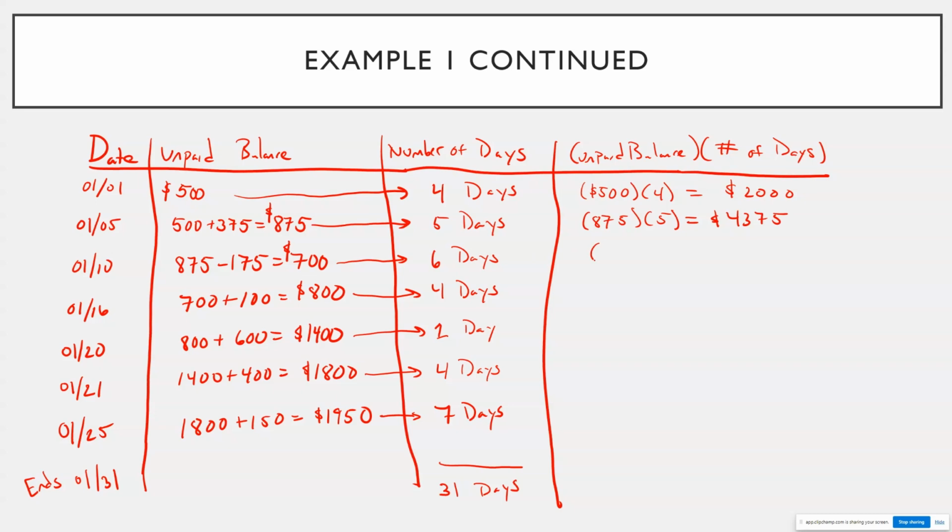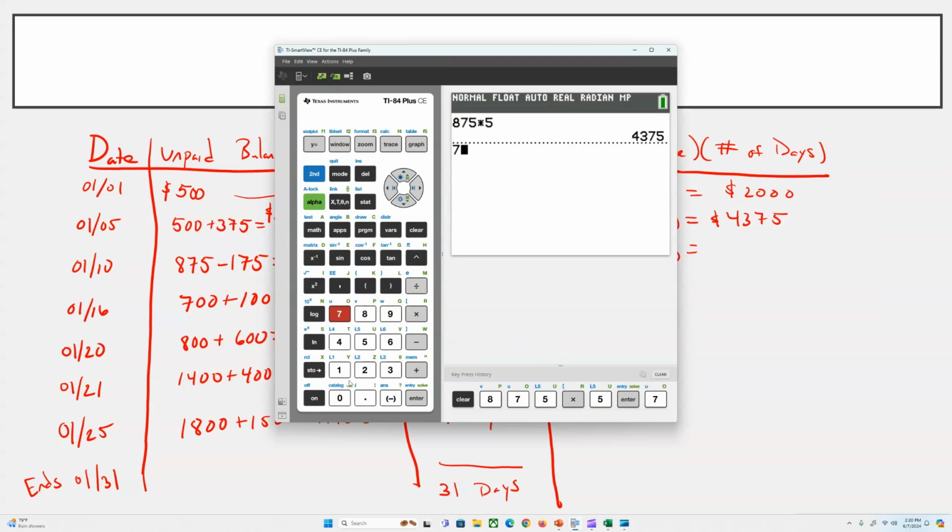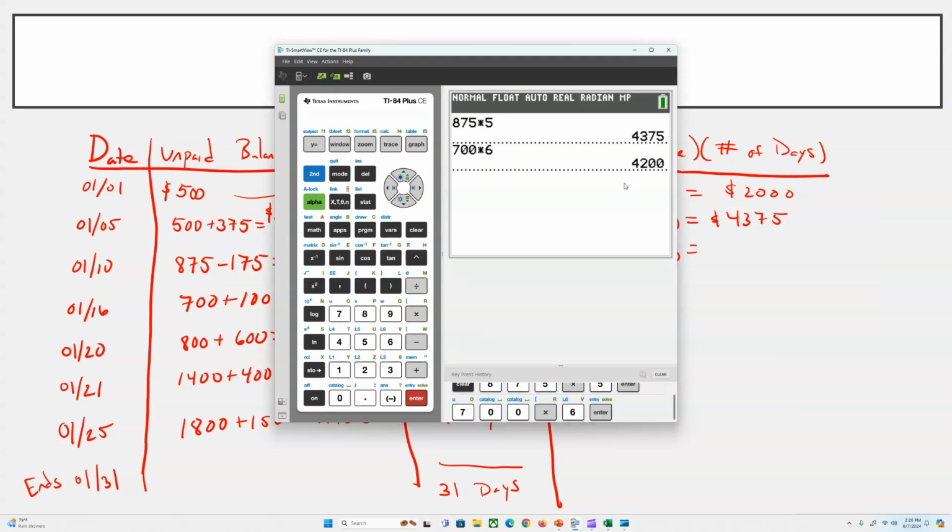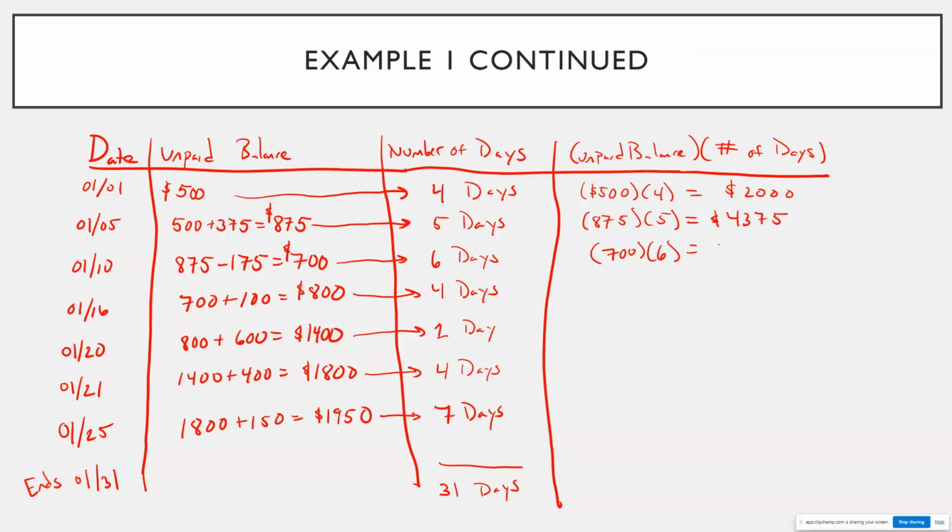Then I'm going to take 700 and multiply it by 6. Should be 4,200, but let's just multiply so you can see. 800 times 4 days gets me 3,200.